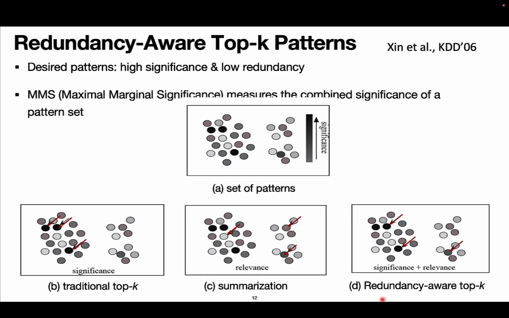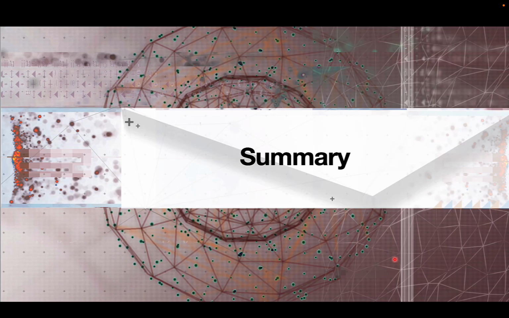Finally, the redundancy-aware top K approach tries to balance pattern significance while lowering redundancy. In other words, it tries to produce a small set of patterns that are both informative with high support and diverse, which means lower redundancy. In summary, we discussed mining diverse patterns.